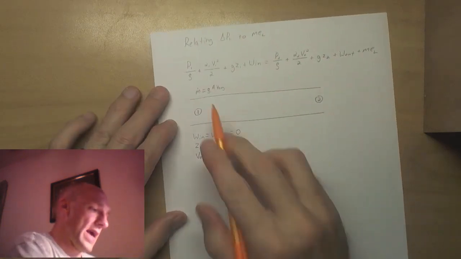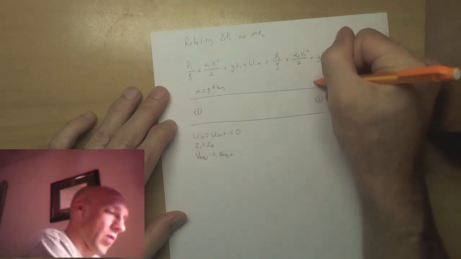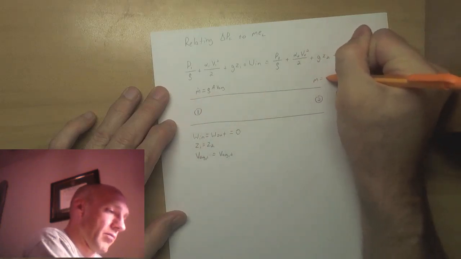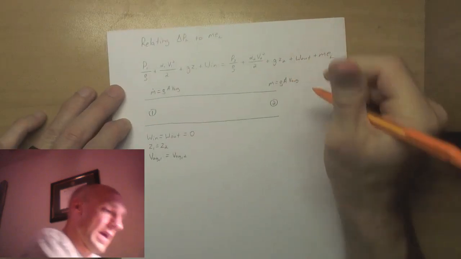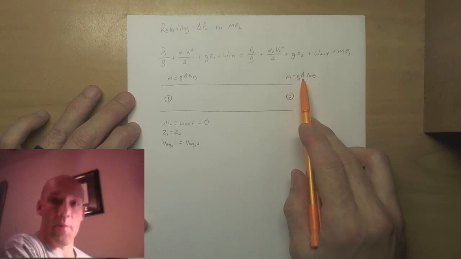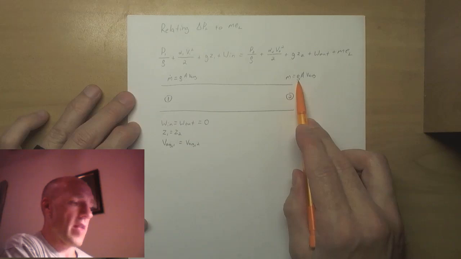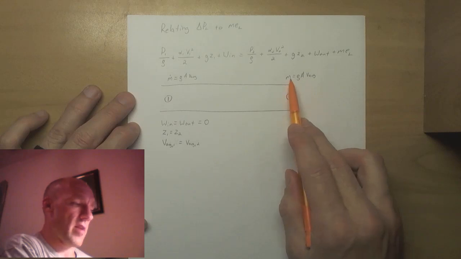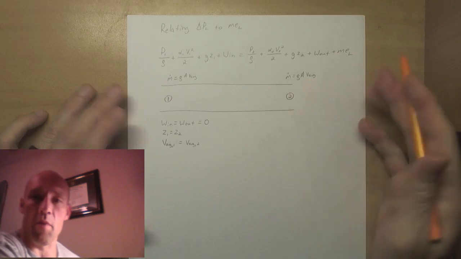And the mass flow rate at point 1 has to equal the mass flow rate at point 2, right? We have a consistent diameter of pipe, so the area is going to remain constant. We're assuming that the densities are going to remain constant. So if densities remain constant and the areas remain constant and the mass flow rate is remaining constant, the average velocity must remain constant, right?